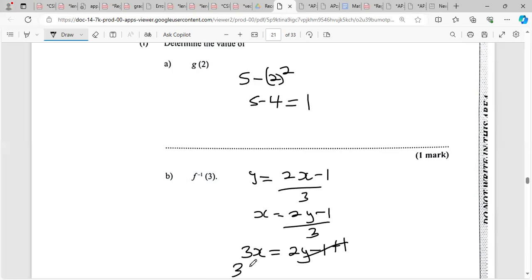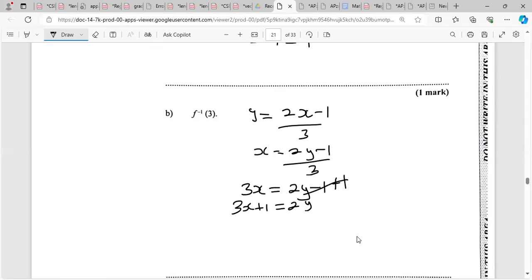So 3x plus 1 equal 2y. And then now, we're going to divide by 2. Let's say if we put 3 there, so 3 times 3 plus 1, over 2. 3 threes is 9 and 1, 10 over 2, which equals 5.